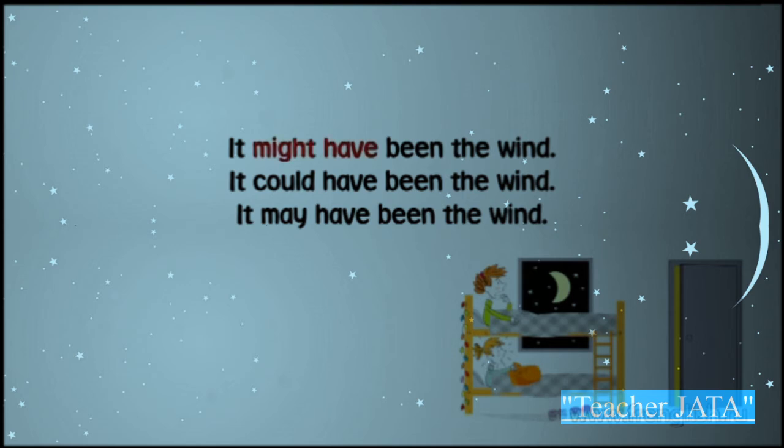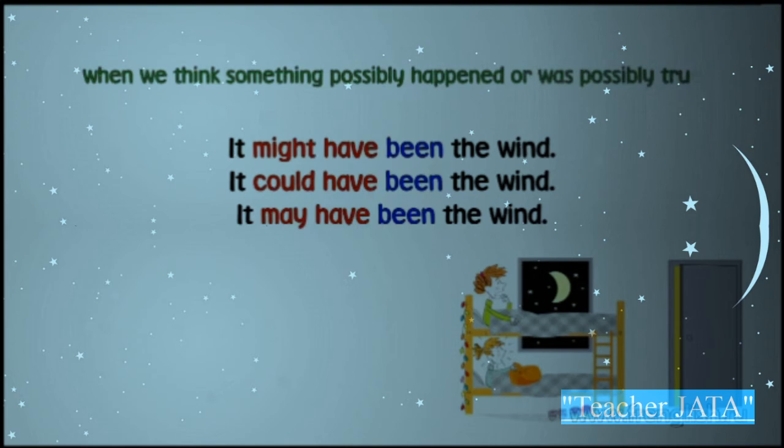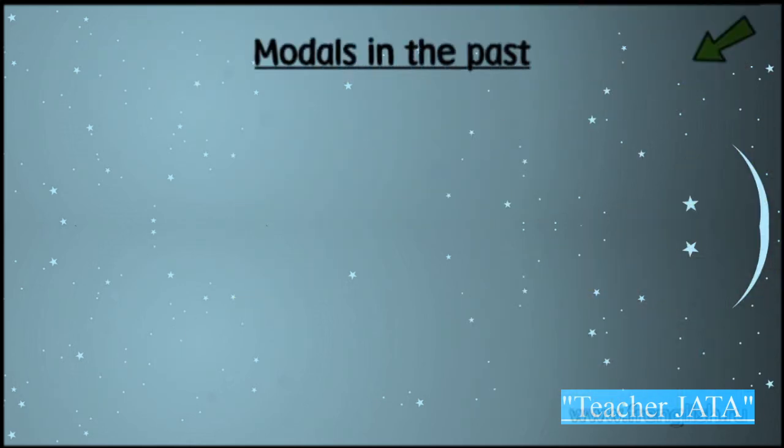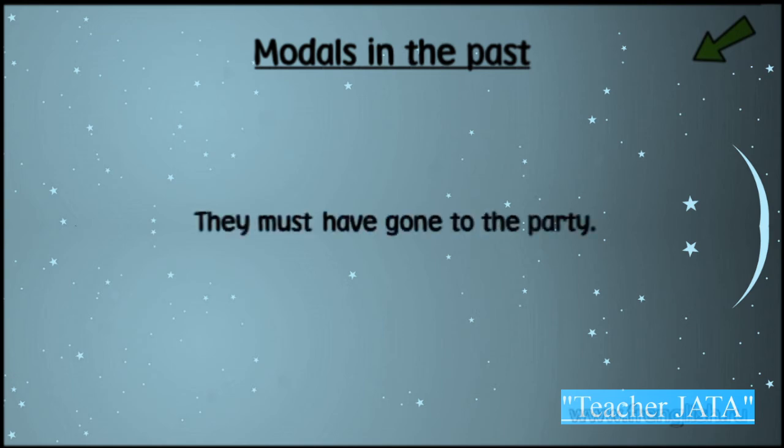We use might have, could have, or may have with the past participle when we think something possibly happened or was possibly true. We form sentences with must, may, might, or could, plus have and the past participle.